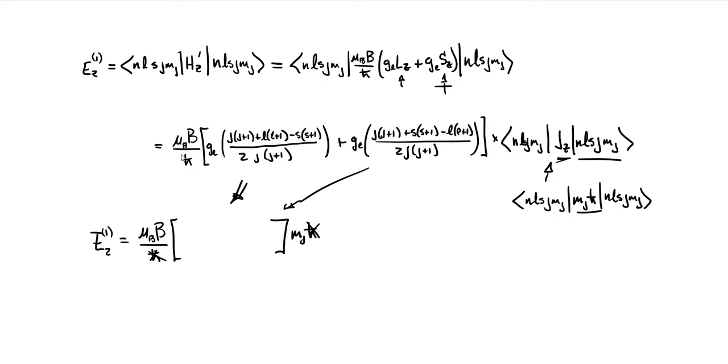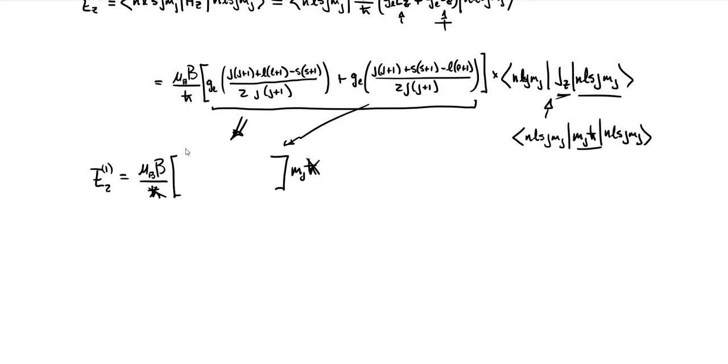This whole term here, we can just define as some constant. Given some J, L, and S values, this is what we call the Landé G factor.